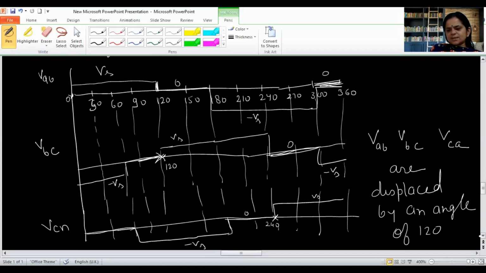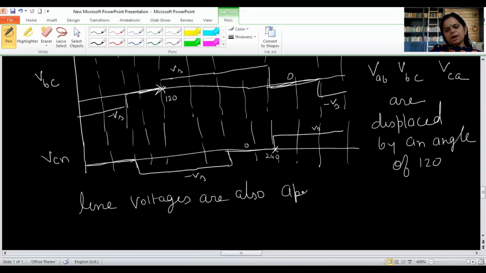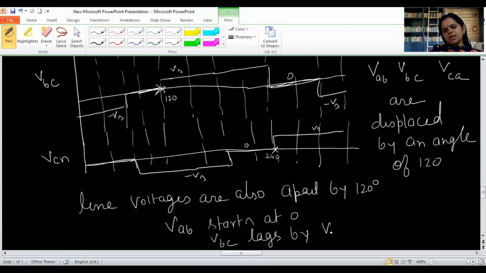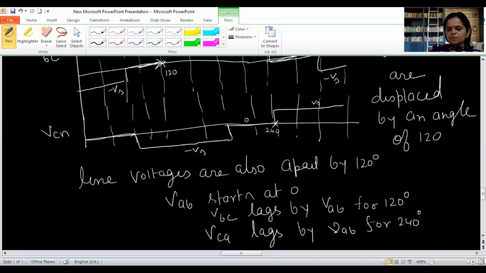So that means line voltages are also apart by 120 degree. That means VAB starts at 0, VBC lags VAB by 120 degree, and VCA lags VAB by 240 degree.